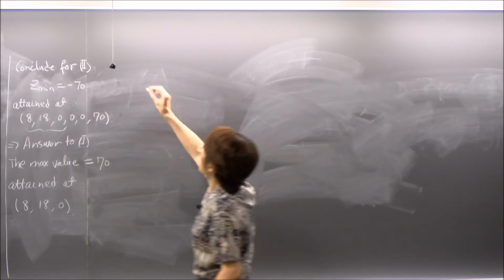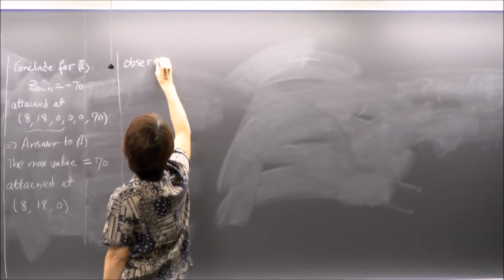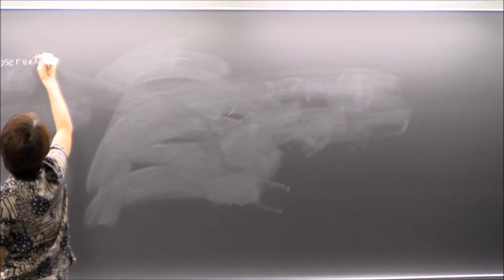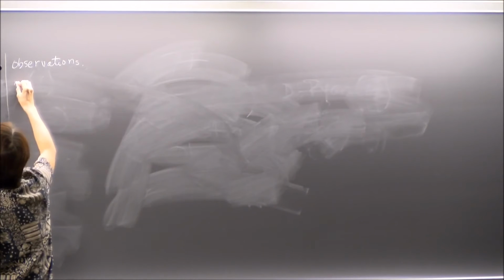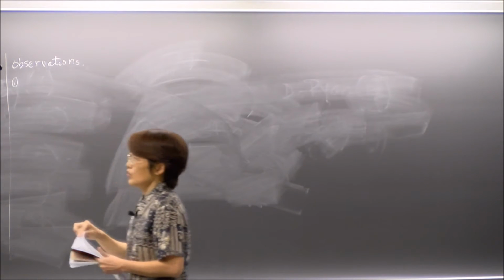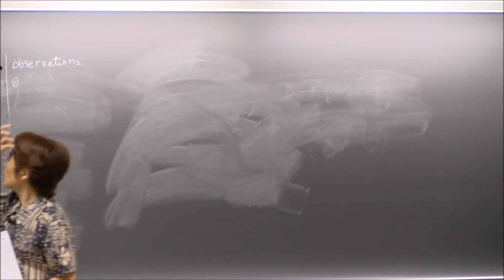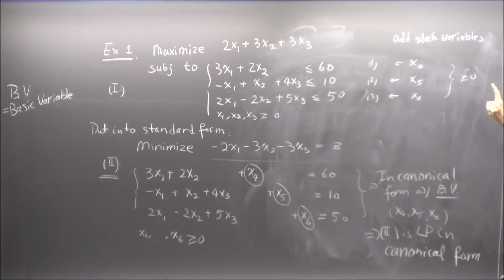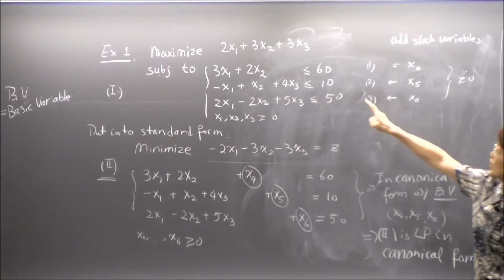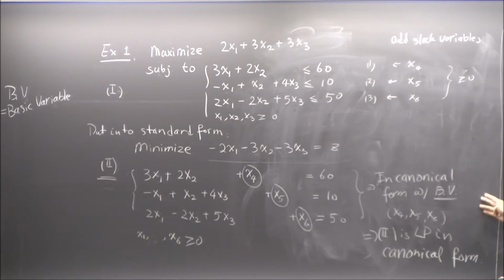All right, so let's make some observations before we move on, about what we have learned from this example. So the first observation, we see that to rewrite the linear programming into the standard form, this procedure of adding slack variables with less than or equal sign automatically puts the problem in canonical form.